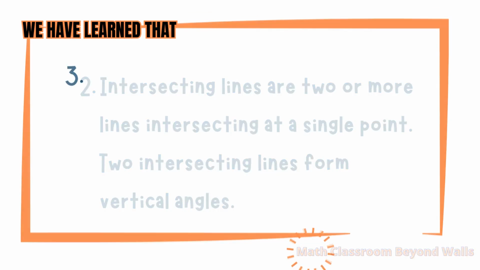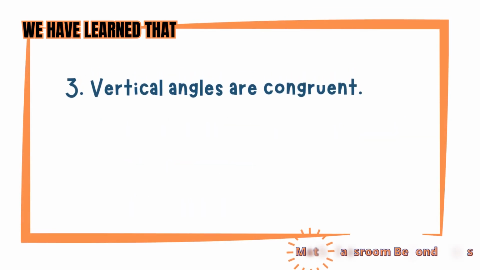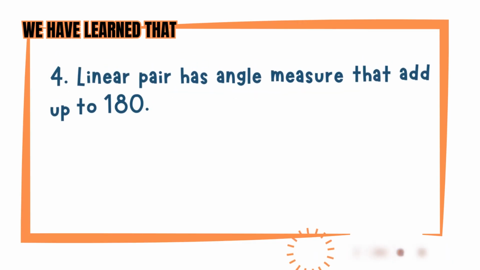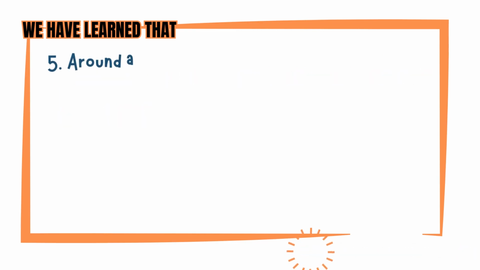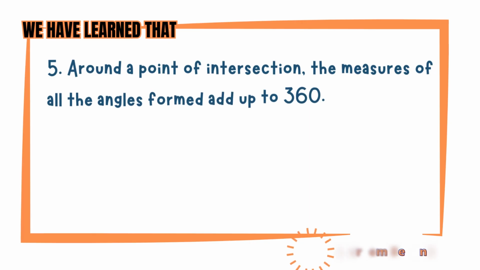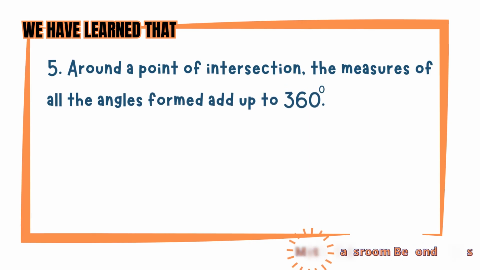Third, vertical angles are congruent. Fourth, linear pair has angle measures that add up to 180 degrees. Fifth, around the point of intersection, the measure of all the angles formed add up to 360 degrees.